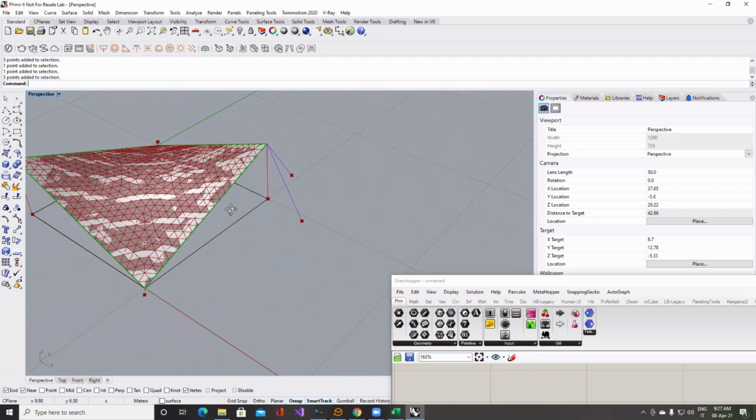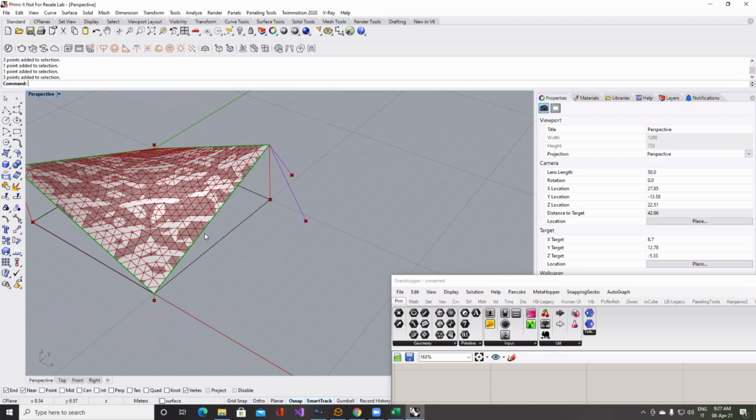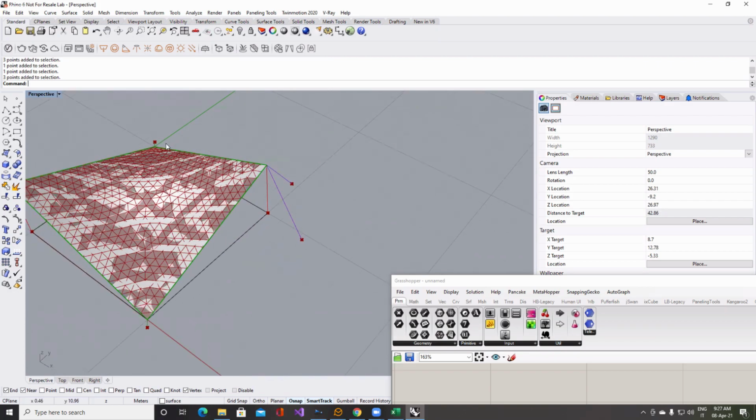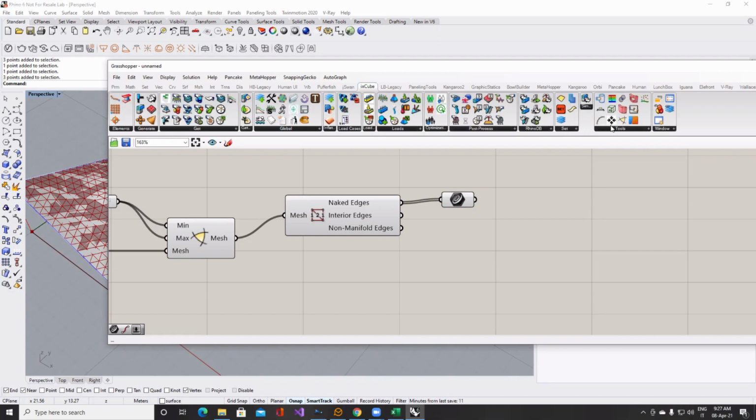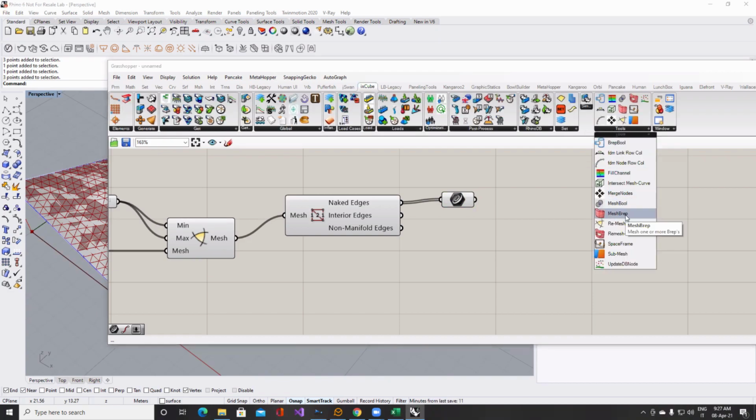Now there's one step missing here because I would like to join these edges based on the angle. I would like to have only 4 of these edges. And to do this is a bit tricky. I have an option here. Let me see if I have Cube Tools. I don't have it here.